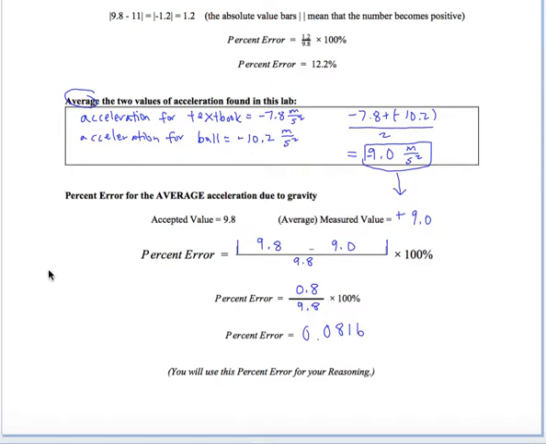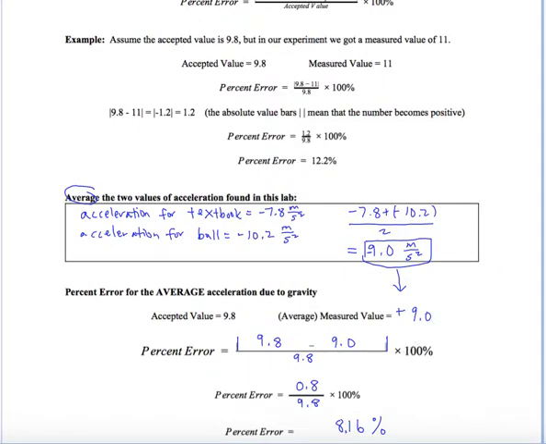So multiplying that by 100, I actually get 8.16%. So that's 0.8 divided by 9.8 is 0.0816 times 100%, I get 8.16%. We're going to use this percent error in our reasoning.